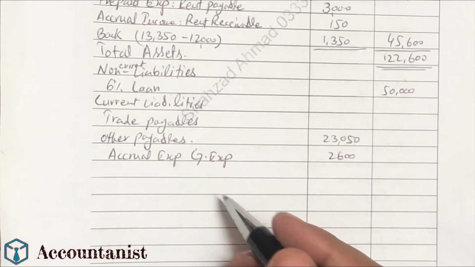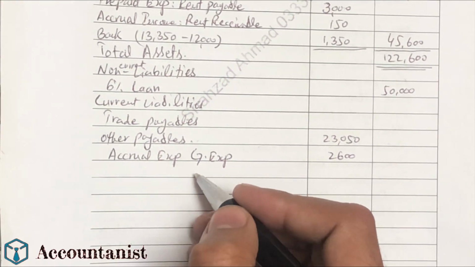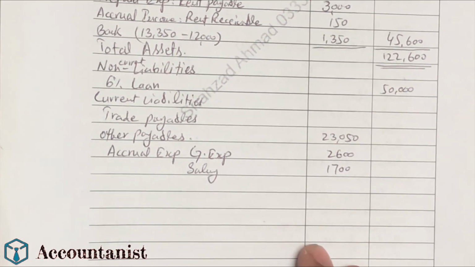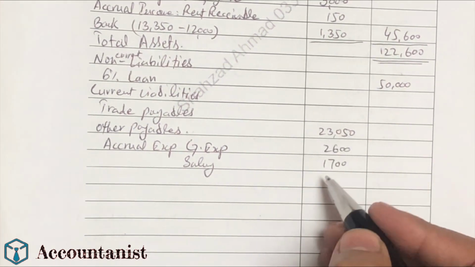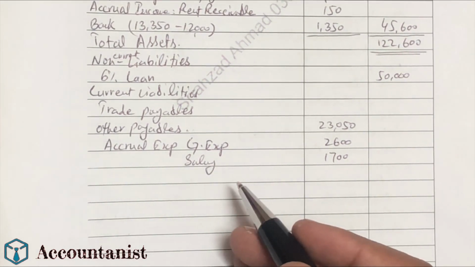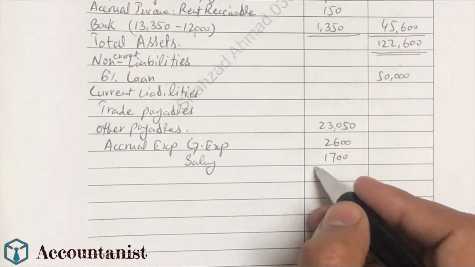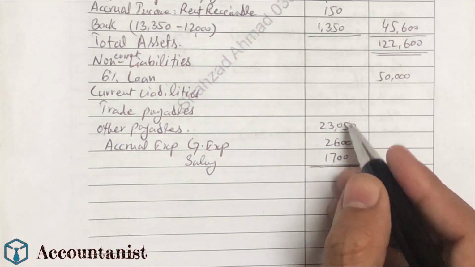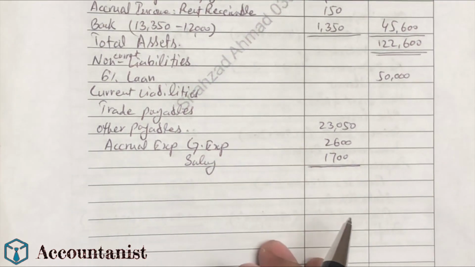So we'll write it down, salary here and 1700 here. So that will be the current liabilities, as we do not have any income prepared, so we're not going to write it down here. If we do have any other income prepared, we'll mention it here in the current liabilities.